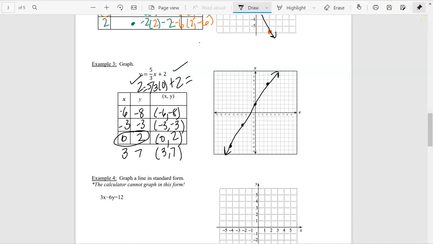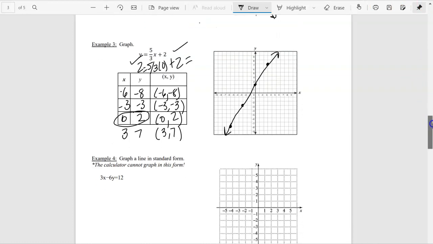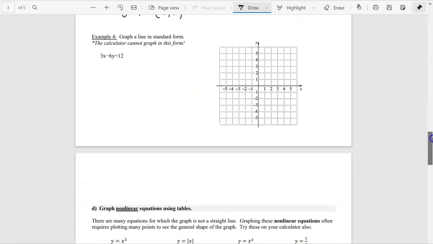Now it gets a little bit more complicated if we have to graph something that is not in standard form. So it says graph a line in standard form. The calculator cannot graph in this form, so it has to say y equals. It's perfectly okay to try to plug things into this, but I would strongly encourage you as the first step to get it to say y equals.